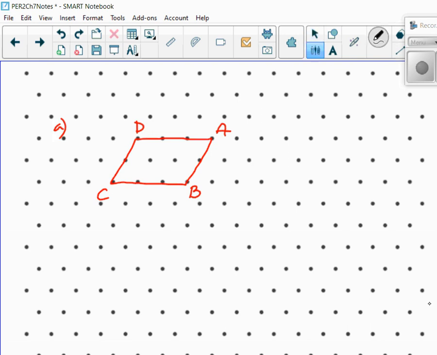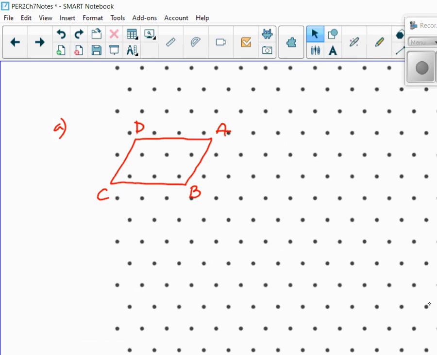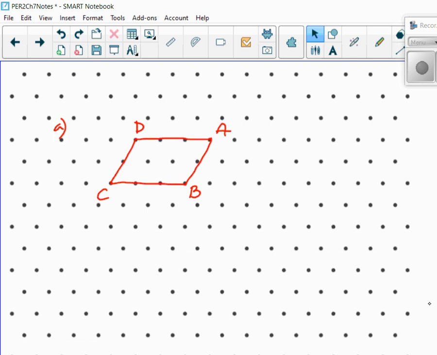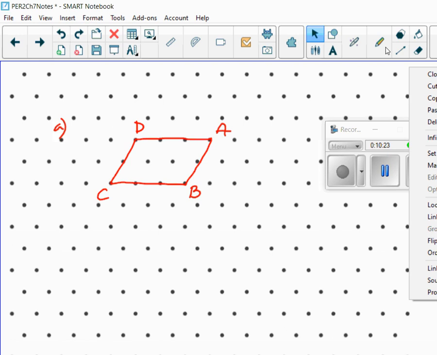So here's vertex C. So what you may want to do is trace this. Give me a second here. I'm just going to fix that. Lock it in place.